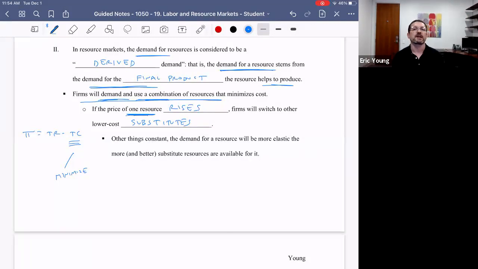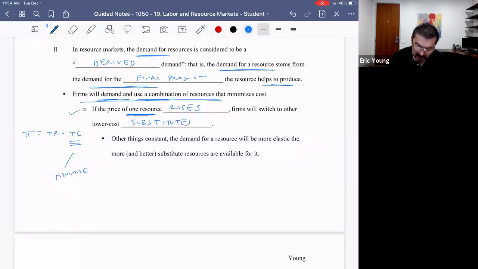There has been evidence, for example, that oftentimes increases in minimum wage lead restaurants to lay off a lot of their dishwashers and invest in more industrial dishwashing machinery. People get mad about that because then people are out of work, but it makes a lot of sense from this lens. Just as you and I substitute products to get utility, firms substitute resources to minimize cost.